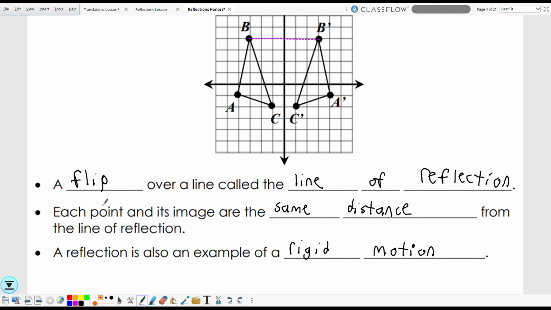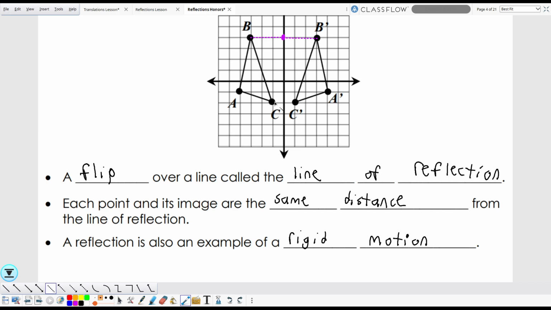Meaning that if I were to make a point here in the middle, these segments here and here are equal to each other. And that's what it means when it says each of the pre-image points and the image points are the same distance from the line of reflection. C is 1 point away, so C prime is also 1 point away from the y-axis.